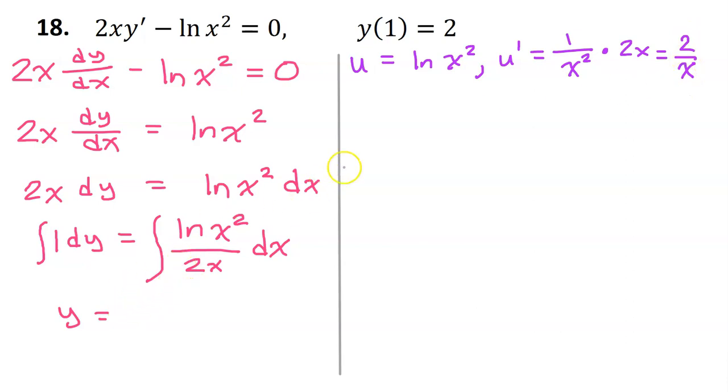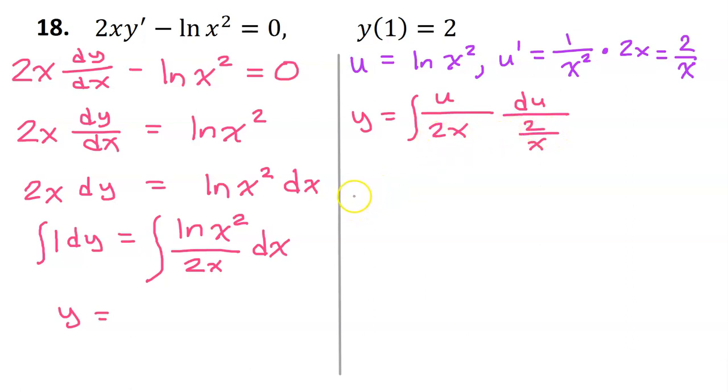Let's do the substitution. So we have y equals the integral of natural log x squared, which is u, over 2x. Instead of dx, we will write du over u prime. But u prime is 2 over x. These x's will cancel each other out, and we will be left with 2 times 2 is 4.